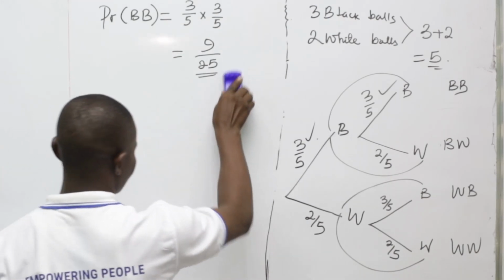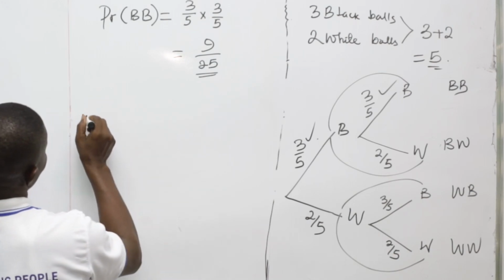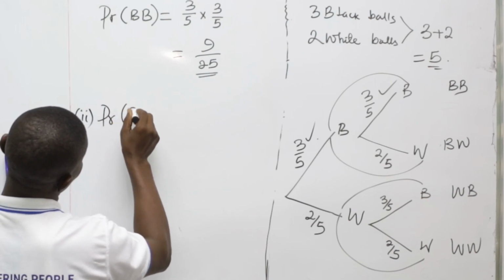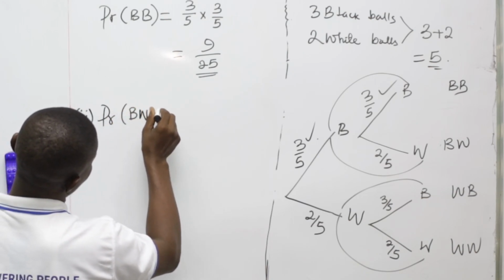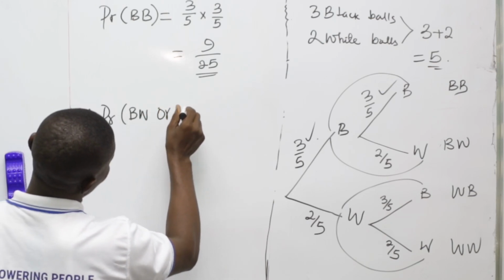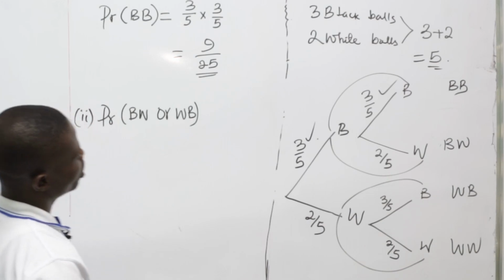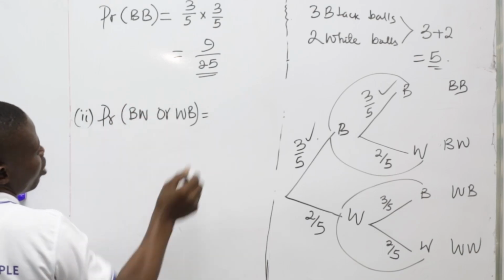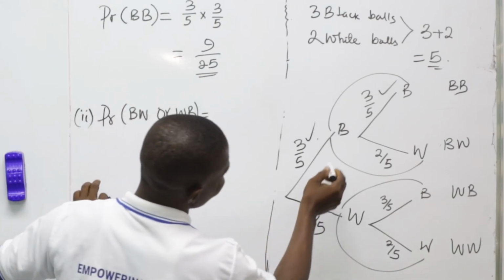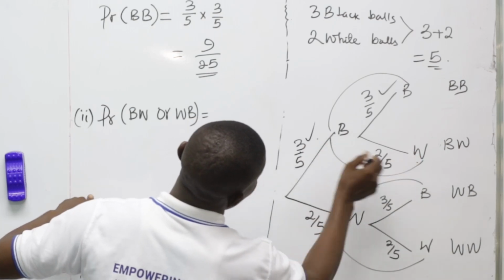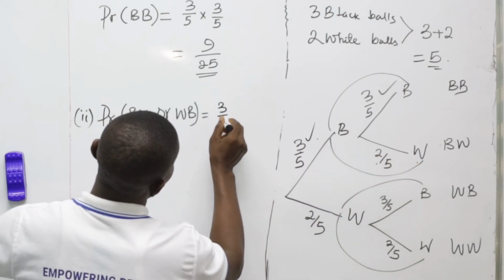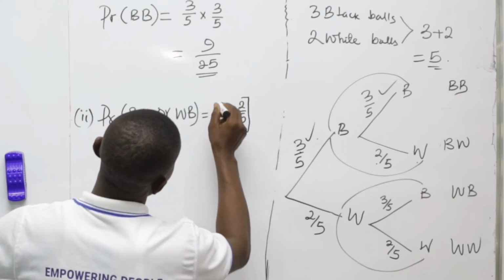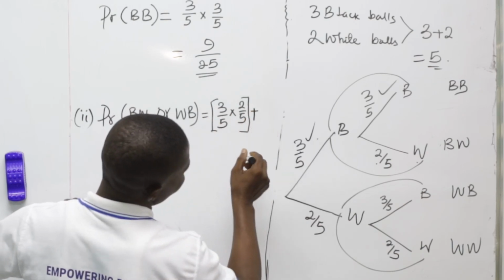Okay, in this case, we're going to have the probability of 1 black, 1 white, or white, then black. This will give us, for BW, black, white, 3 over 5 multiplied by 2 over 5, or white before black.